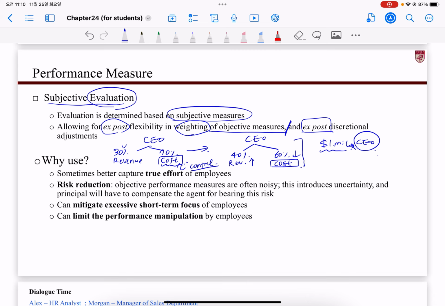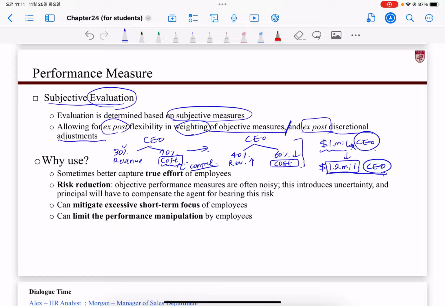So the board of directors comes up with a decision, say, instead of giving him 1 million, let's just give him 1.2, considering that he has done quite a large portion. He has contributed more than $1 million. So this is the ex post discretionary adjustments.